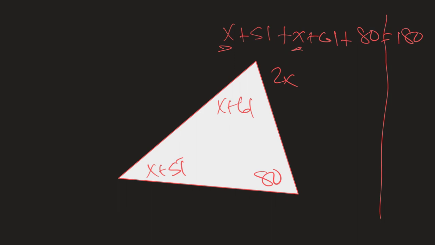And 112 plus 80 is what? 192? So again, just taking the whole left side and simplifying all those like terms. x plus x is 2x. 51, 61, and 80 are 192.